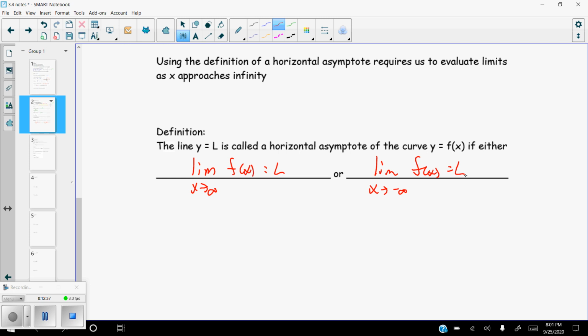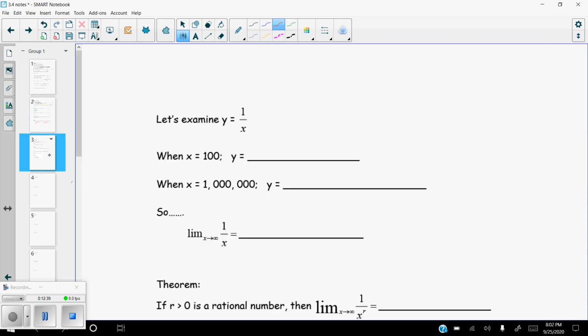All right, so let's examine again why this works. I've already gone over this example a little bit a few seconds ago, but I want to show it to you in actual numerical terms that hopefully will help make sense. Let's think about the function y equals 1 over x. When x equals 100, if we plug 100 in, you get 1 over 100.